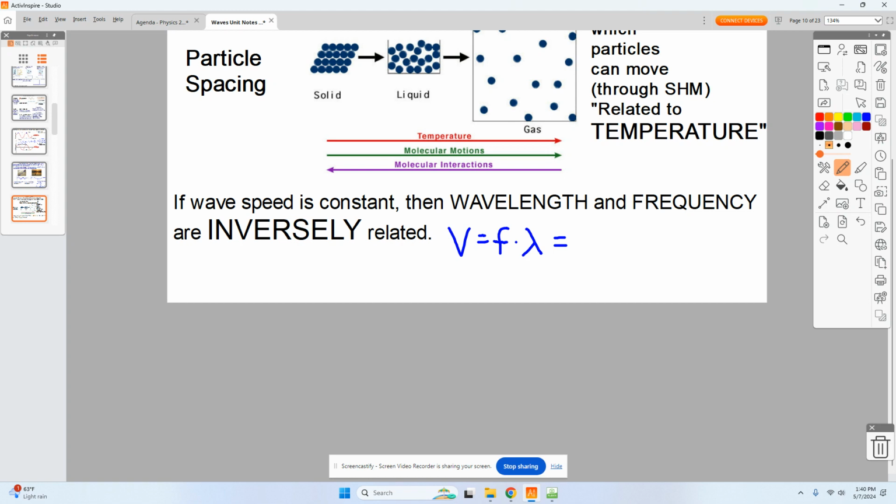If I make the frequency bigger, that should have the impact of making the wavelength smaller. If I make the frequency smaller, that should have the impact of making the wavelength bigger. Those two things are inversely related.